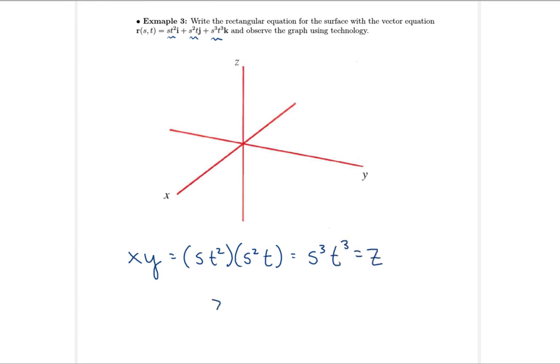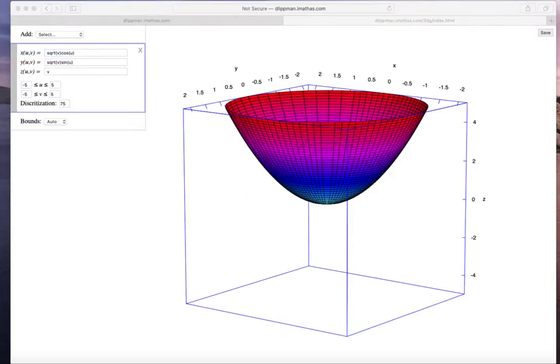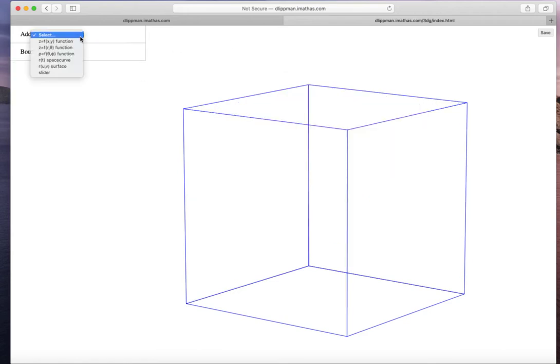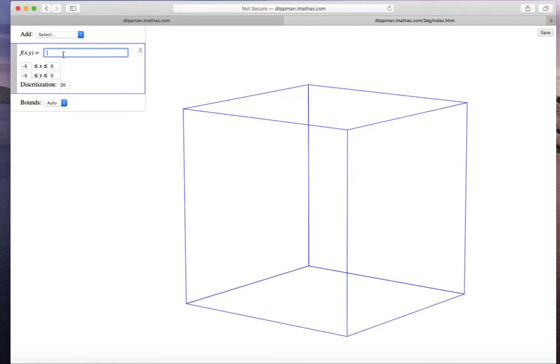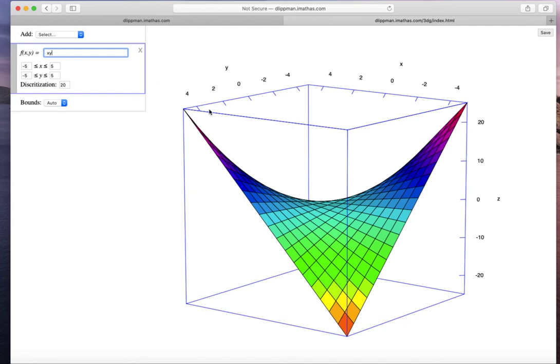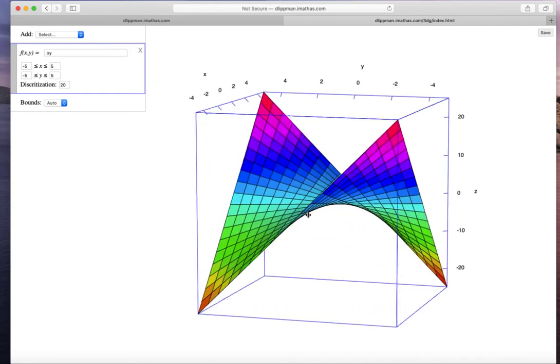So what this tells me is that z is equal to x times y. But we now have two ways that we can express it. So on the one hand, we can go ahead and type in z equals x times y. It's kind of a cool function, right?